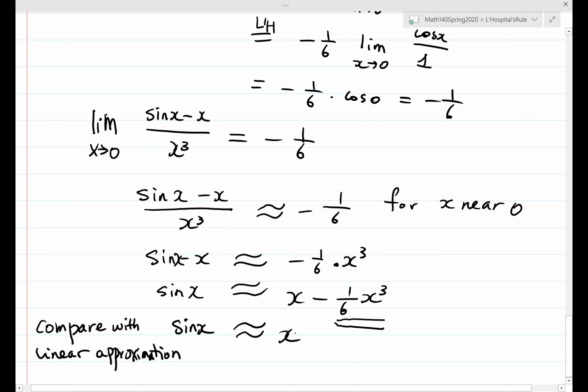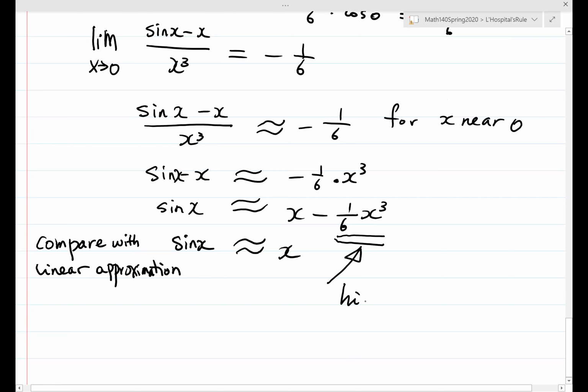You see here, compared with linear approximation, we have an extra term, a higher order term. This is a nonlinear term.